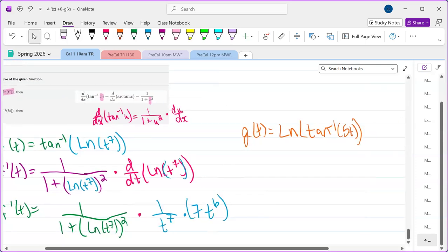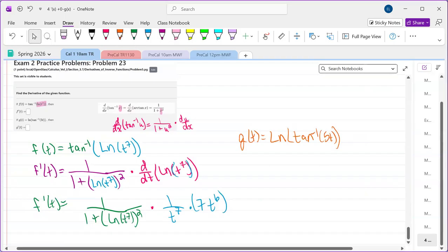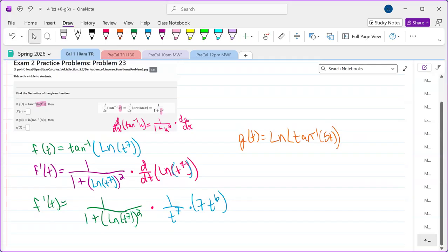All right, so we've got our natural log is the outermost function, then our inverse tangent, and then 5t. So when we go to do our derivative, our natural log says derivative of natural log is 1 over ugly times the derivative of ugly.